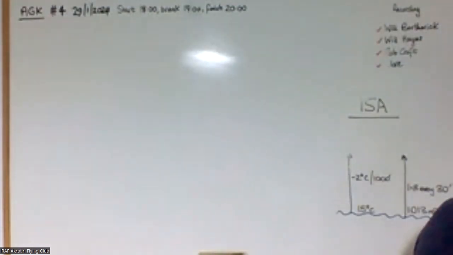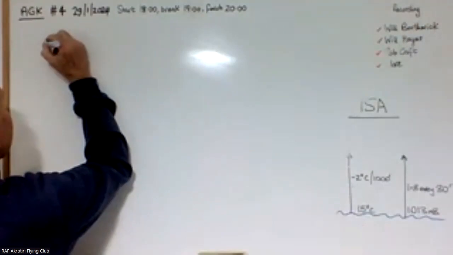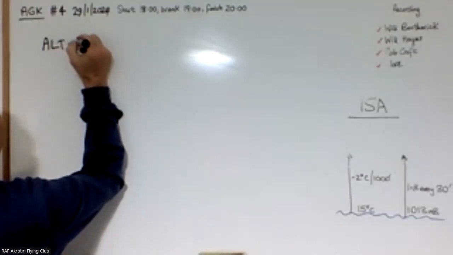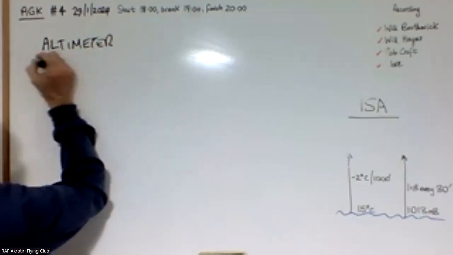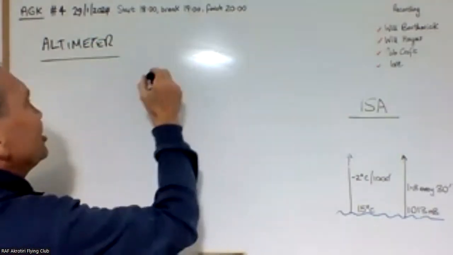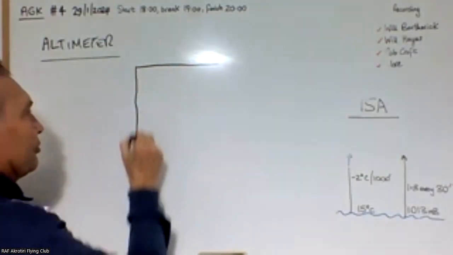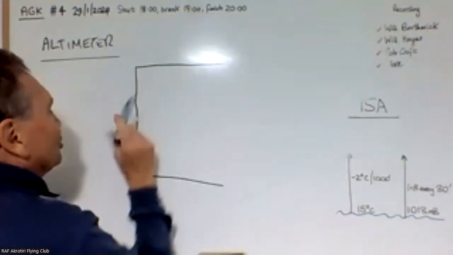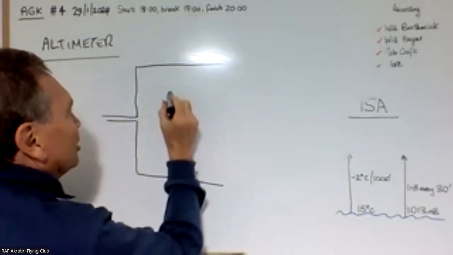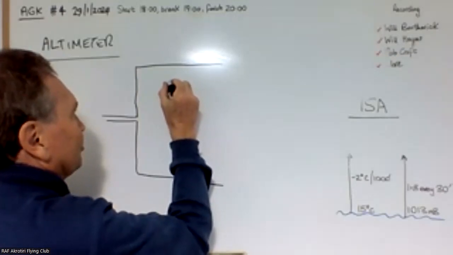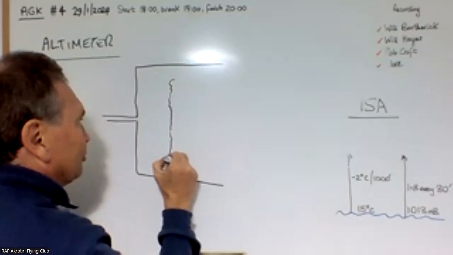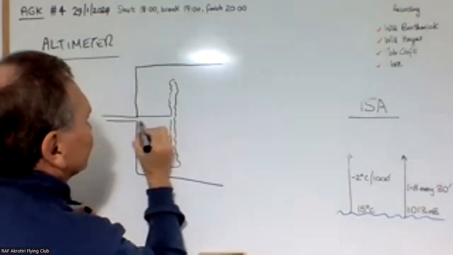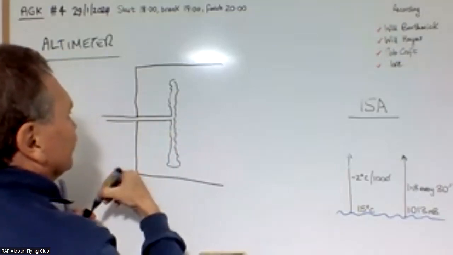So let's talk about how the altimeter works. It's very similar, in that we've got the same scenario: a tube that's connected to a capsule, a very thin metal capsule.